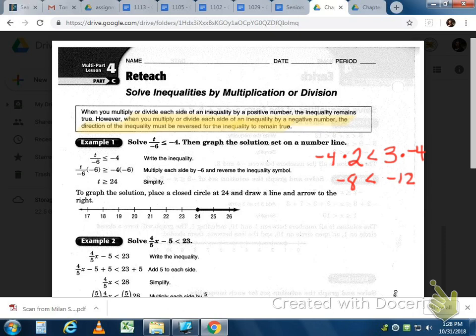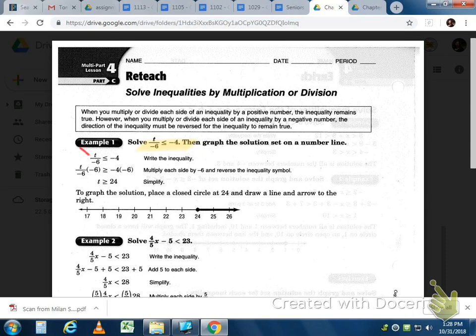That is why what is highlighted here is very important. If you're going to multiply or divide by a negative, you must turn that inequality around. So if I look at this first example that they have right here, t over -6 is less than or equal to -4.